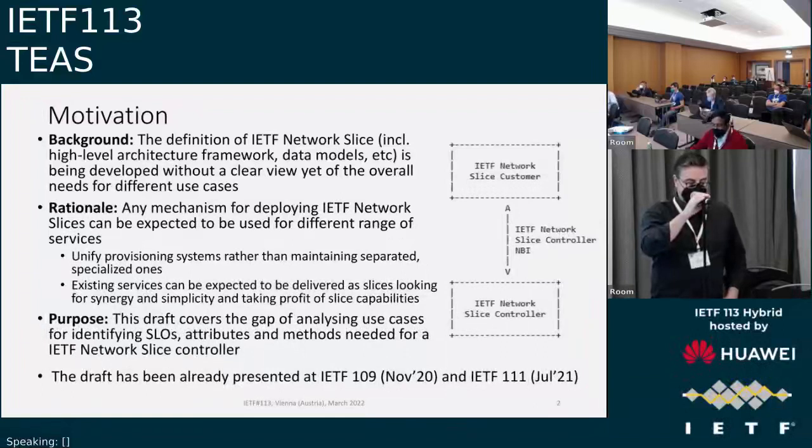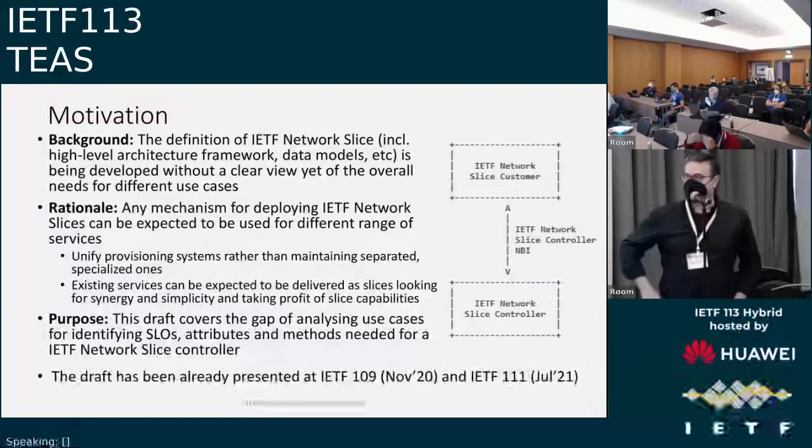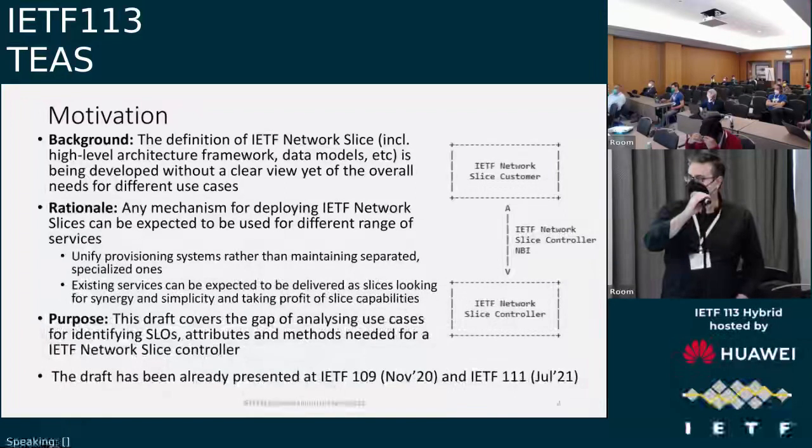The rationale is that, from the operator perspective, once we have the capability of instantiating these network slices, the idea would be to use them not only for one restricted set of use cases, but for whatever use cases we could have, even services that we can provide today without the notion of a slice. So at the end, to take advantage of the slice concept for instantiating a wide kind of services.